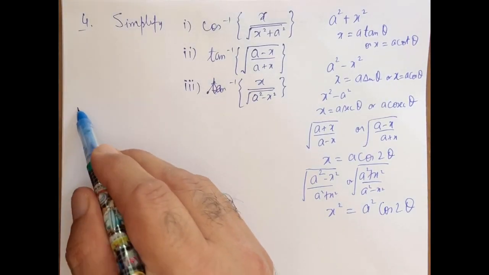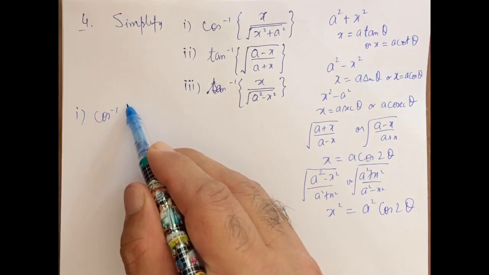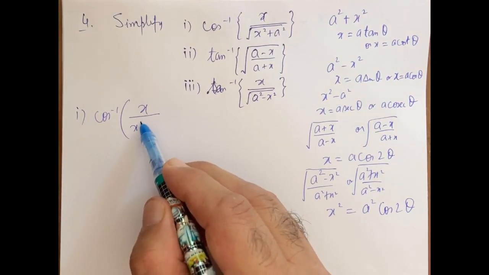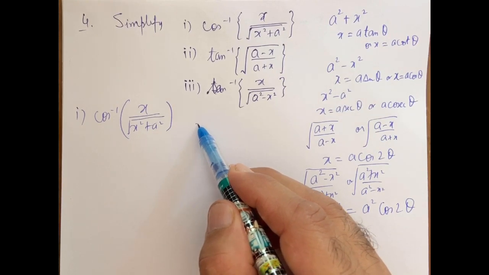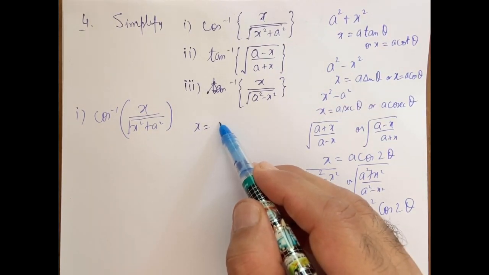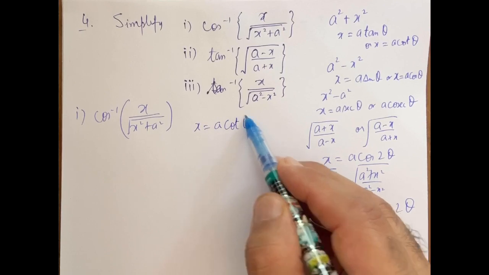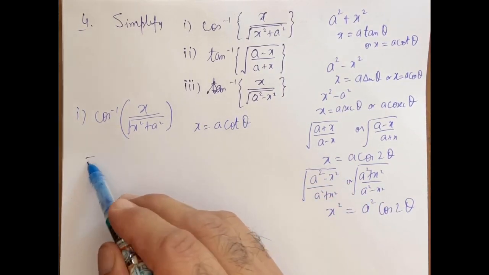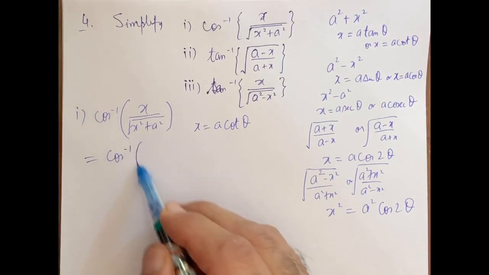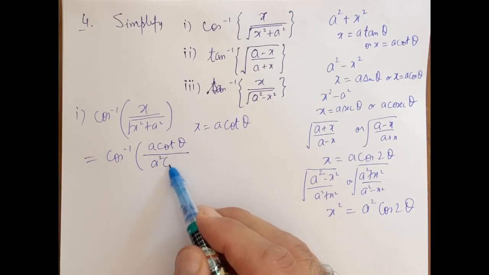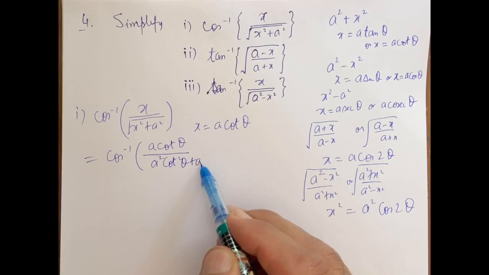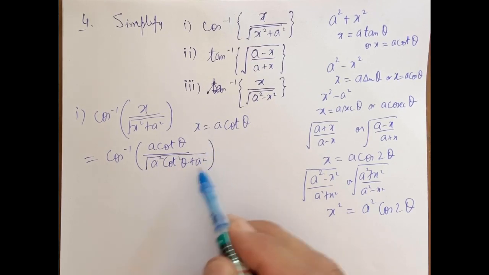So the first part, we have cos inverse of x upon x square plus a square under the root. So here we put x is equal to a cot of theta. This is equal to cos inverse of a cot theta upon a square cot square theta plus a square, and this is under the root.